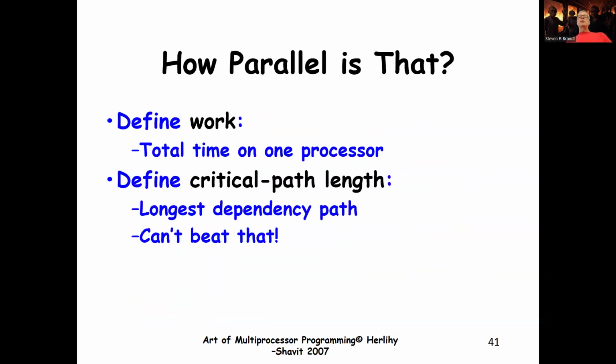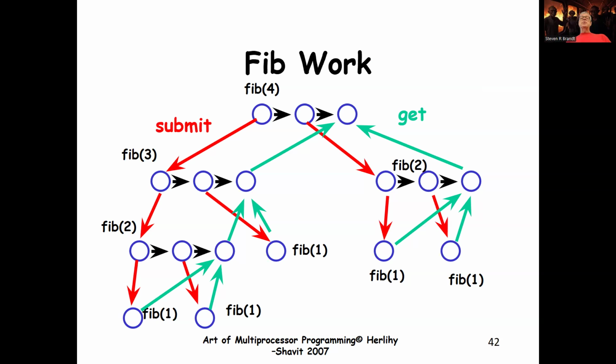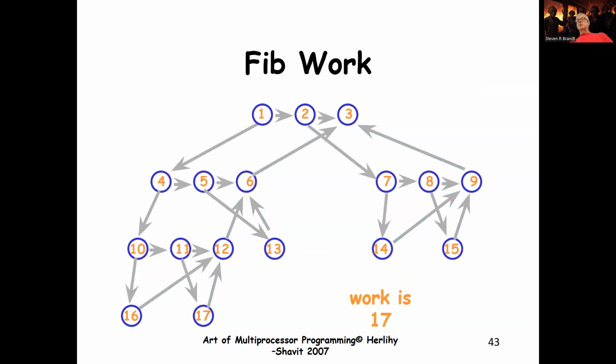You want to know how parallel that is, right? You have total work, which is the total time on one processor, and then you have the critical path length, which is the longest dependency path, and you can't go faster than that, right? In this picture, there are 17 circles in this graph, so the amount of work is 17.